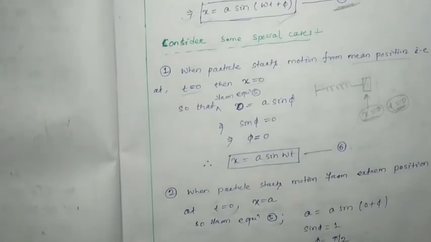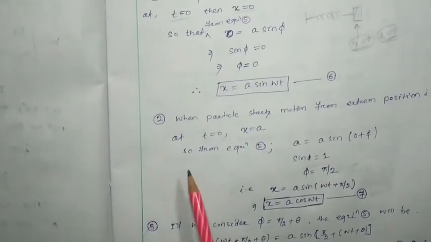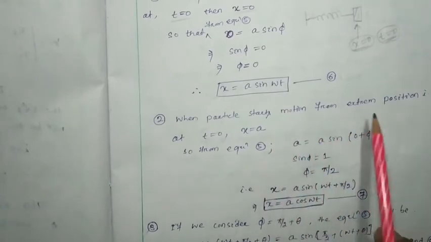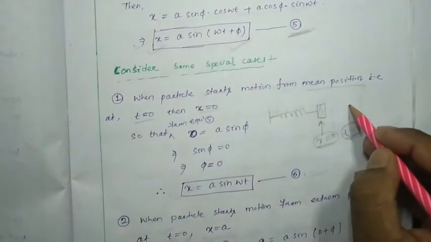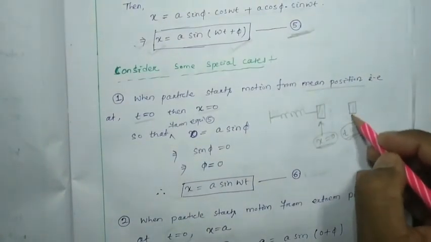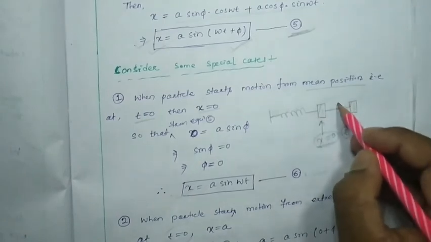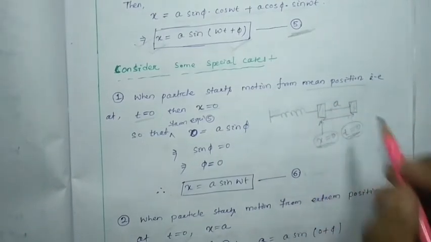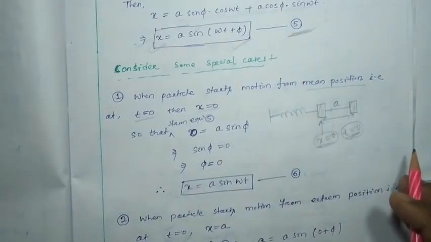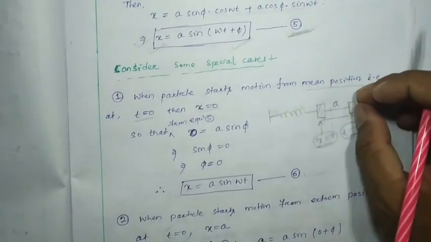Now we have to consider the second case, that the particle starts motion from the extreme position, that is t equal to 0, x equal to a. Suppose this is your extreme position, and this distance from the mean position to here is a, and the particle starts from here.